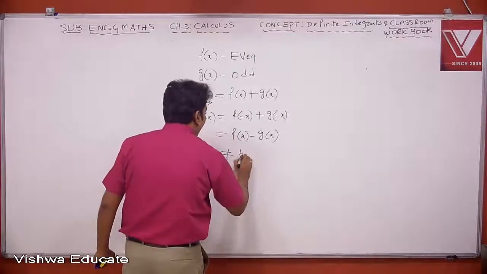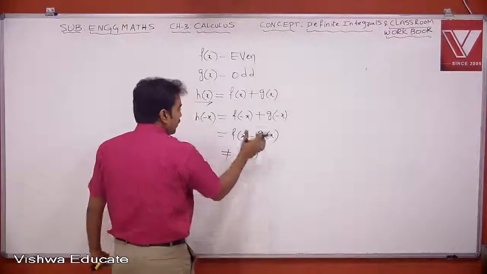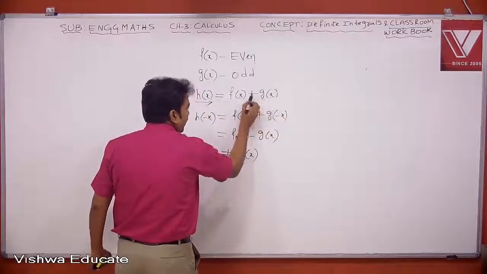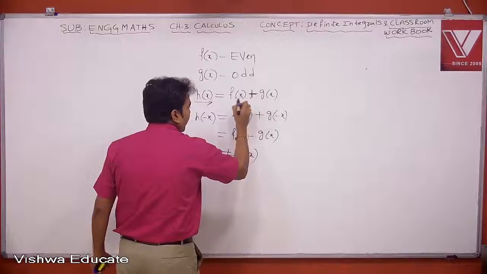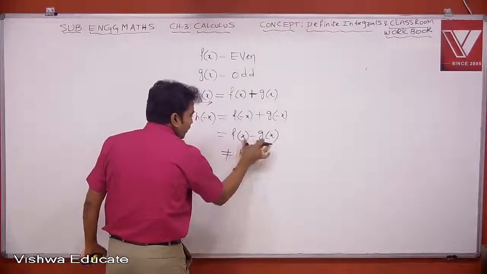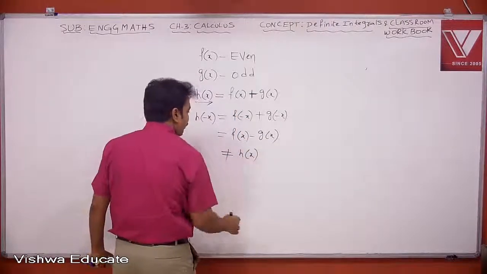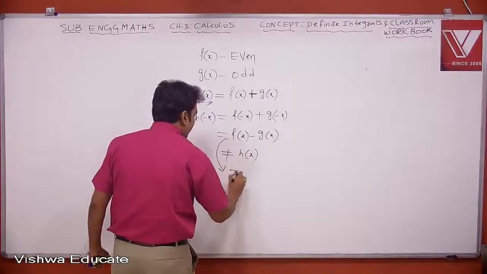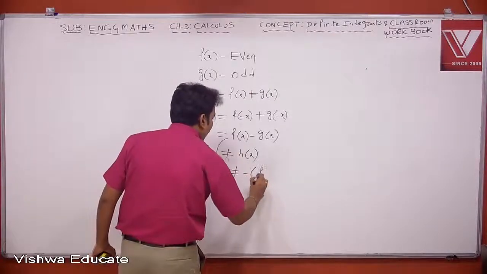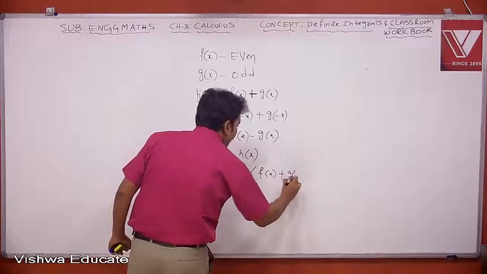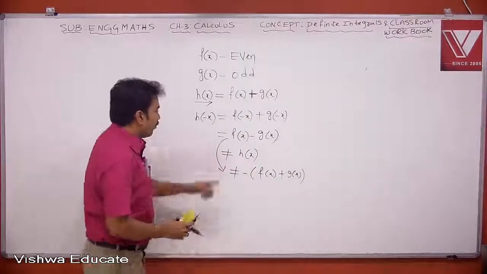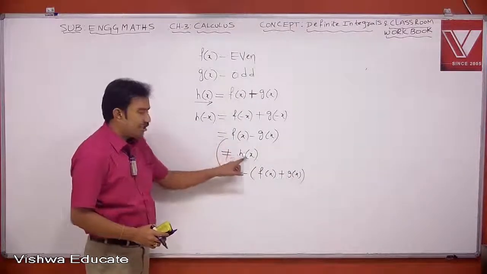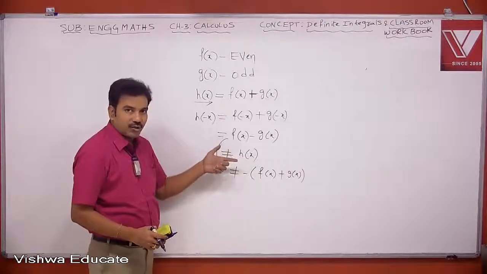Here this is not equal to h of x, because h of x is this. In case of h of x, we have plus between f and g, but this is a minus in between f and g, so this is not equal to h of x. Even the same expression is not equal to minus of f of x plus g of x. So therefore, whenever this result h of minus x is h of x, we call it an even function.